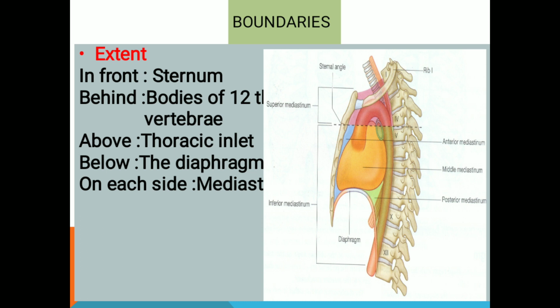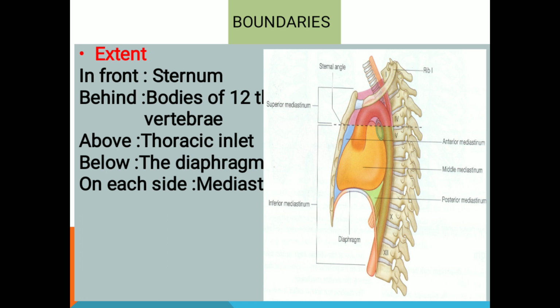In front, it is related to the sternum. Behind, it is related to the bodies of the 12 thoracic vertebrae. You can see the numbers here, 1, 2, 3, up to the 12th thoracic vertebra. Above, it is related to the thoracic inlet, and below, to the diaphragm.